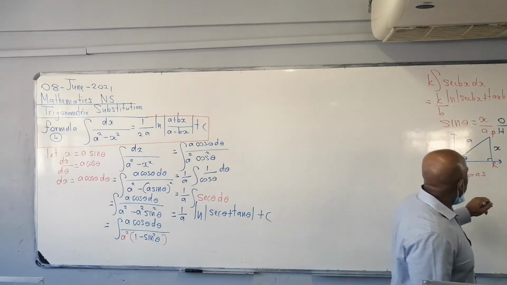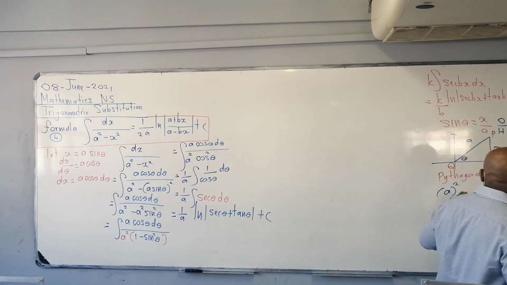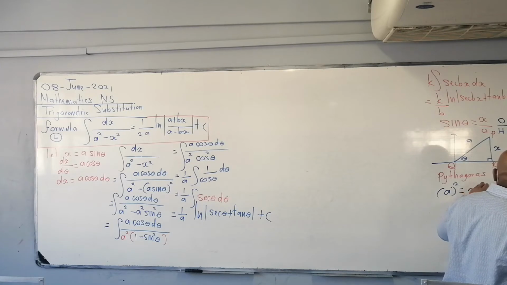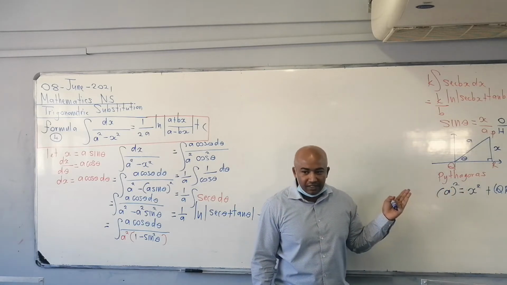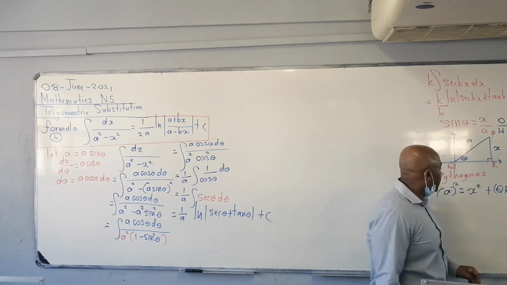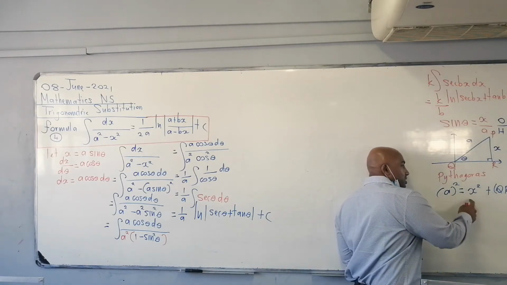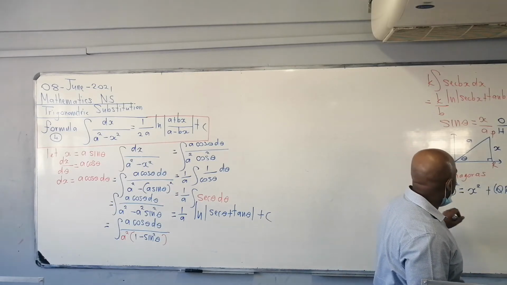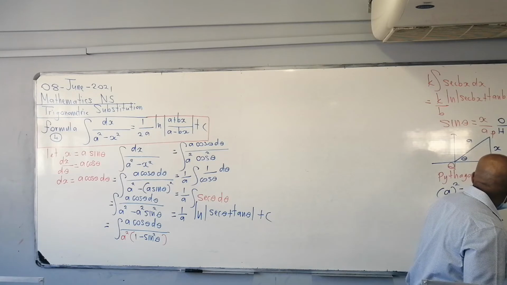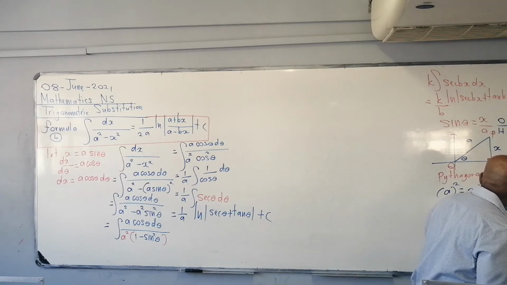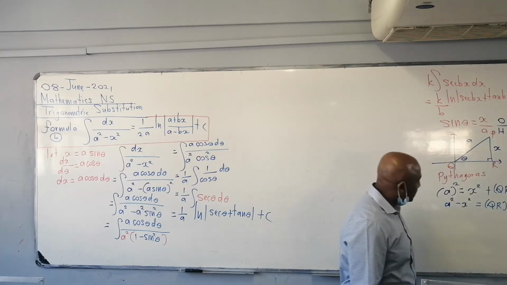So the other two sides are x squared plus, I'm calling the unknown side QR squared. You're clear with that? I'm just calling it QR. So therefore, a squared minus x squared is equal to QR all squared.